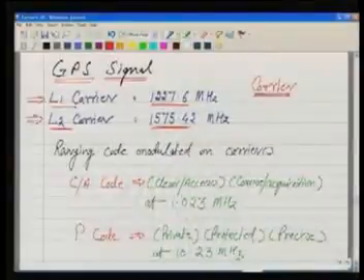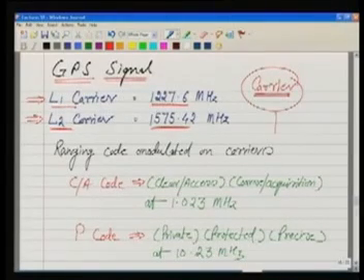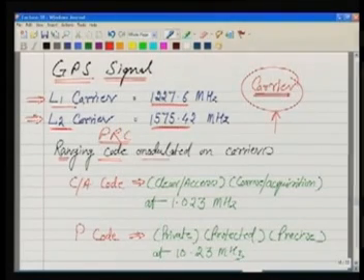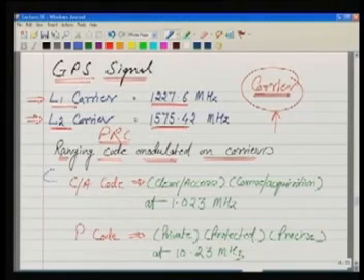Then this carrier is modulated, we also discussed that. So, ranging code means, as we talked about, pseudo random code is modulated on carriers, and the code is of two types.